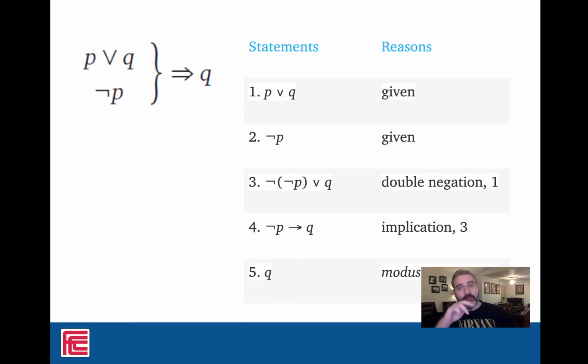So one of the things we could do is take that first one, the first given, and actually turn P into a double negation, right? Because that gets us a little closer to something else. So we can say double negation on 1.